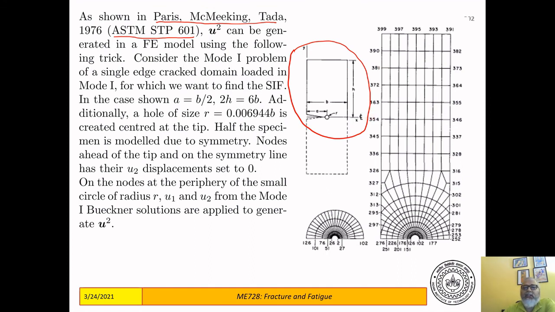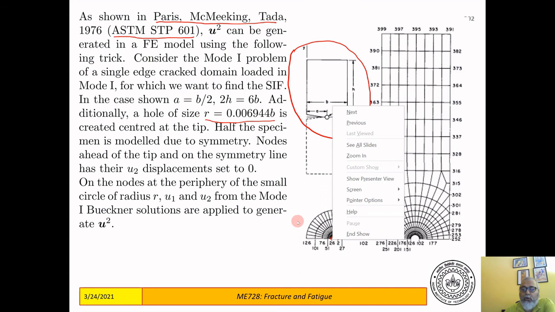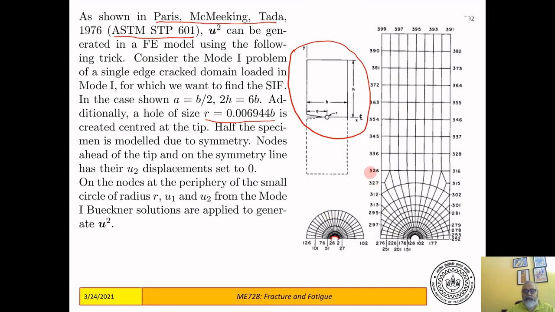Now, what is done in a finite element simulation is that in front of the crack, you make a very small hole. This hole has a radius of r, and r is extremely small, and you mesh around the hole. So on all nodes on the periphery of the hole, you apply the Buchner displacement solutions.